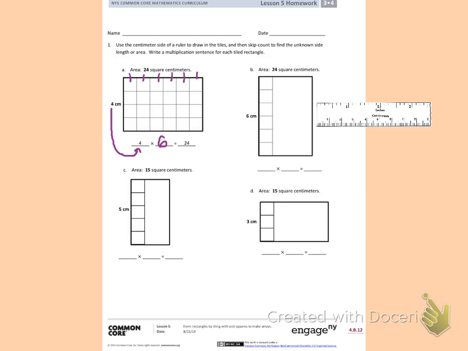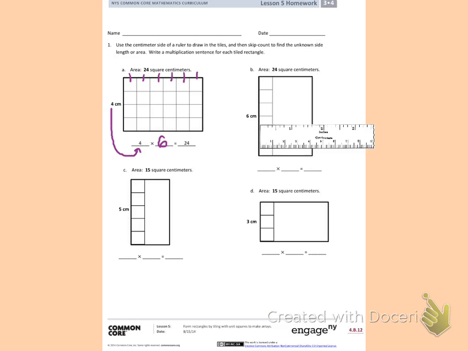So I've gone ahead and inserted a ruler here. Remember, we'll be using the centimeter side, not the inches side, to measure. I'm going to move this over. Looking at the bottom row of numbers on my ruler, I can see that this is 1 centimeter.